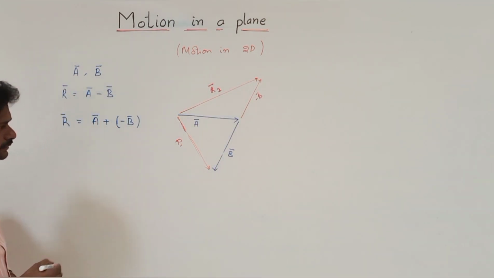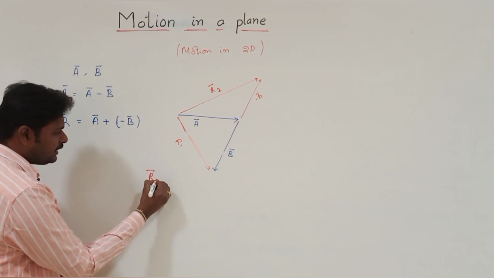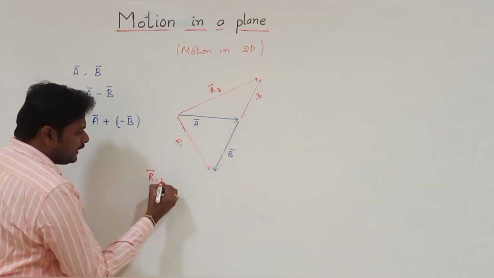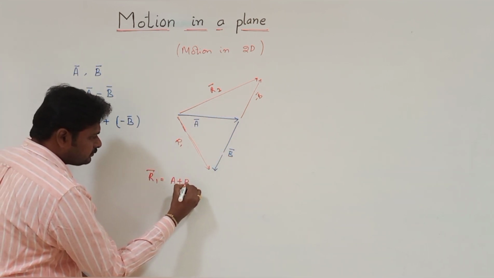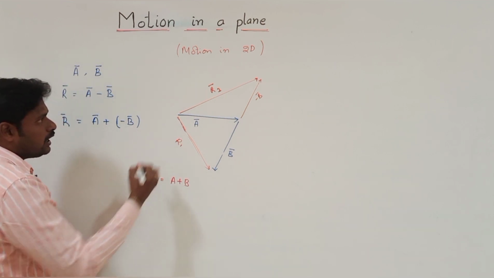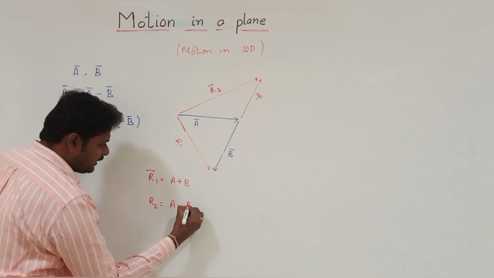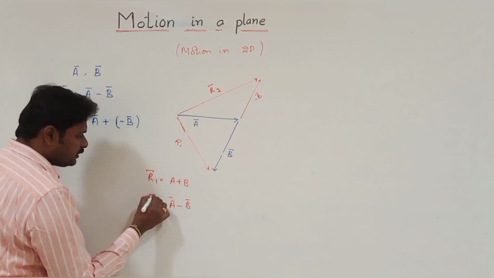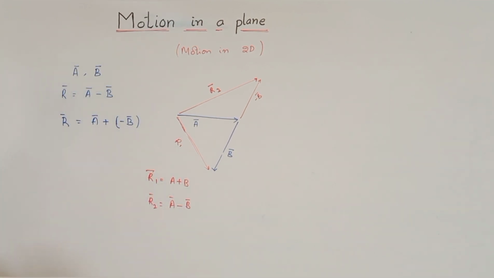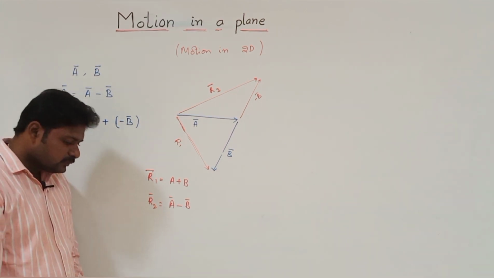You know very well that R1 vector is equal to A plus B. R2 is equal to A minus B. So in that way, simply R1 and R2 vectors, first one is addition, second one is a subtraction of the vectors.